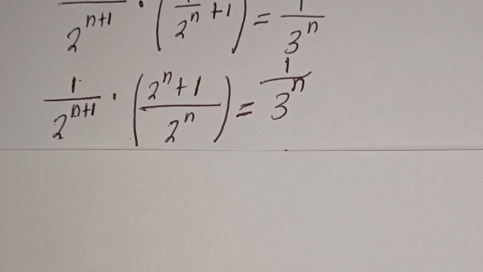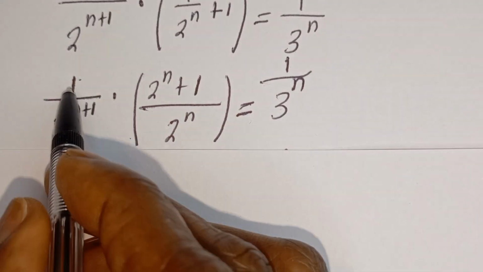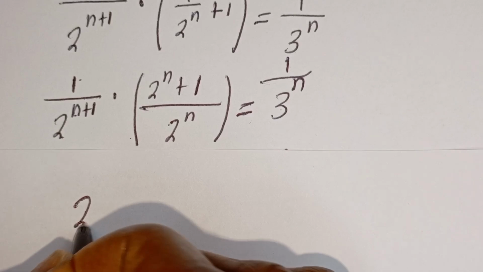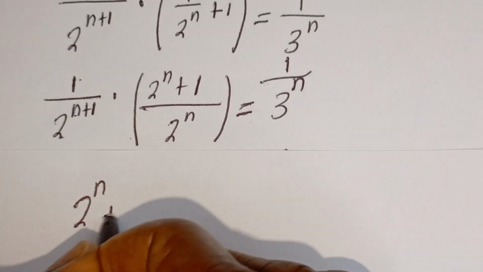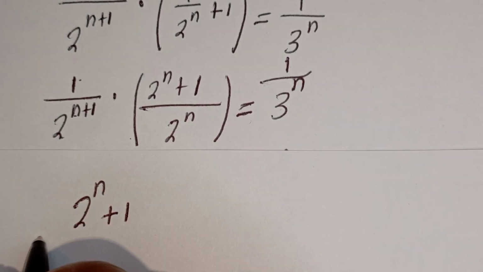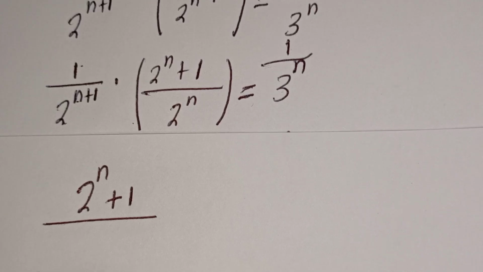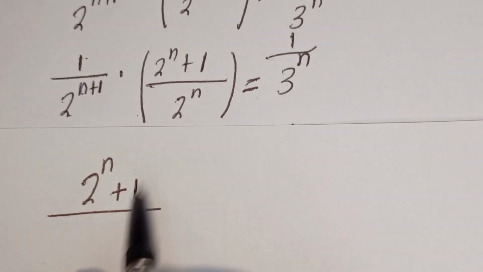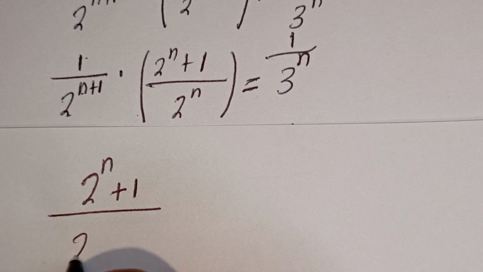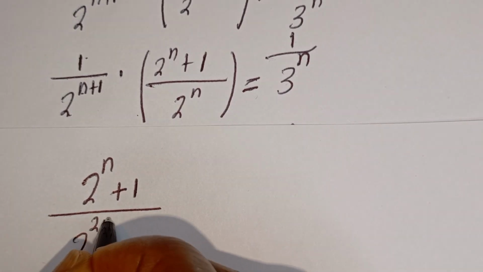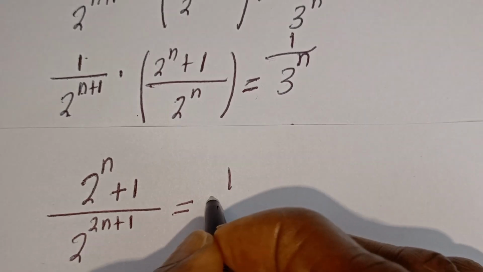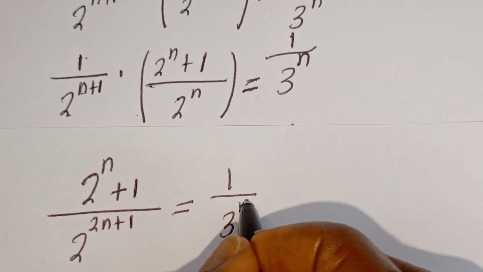So now from here we have 1 multiplied by 2 to the power of n plus 1. This is 2 to the power of n plus 1 divided by 2 to the power of n. This can be written as 2 to the power of 2n plus 1 is equal to 1 divided by 3 to the power of n.